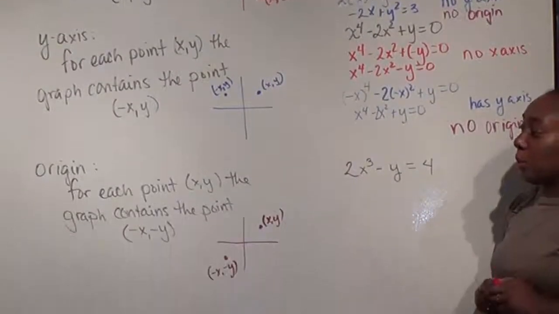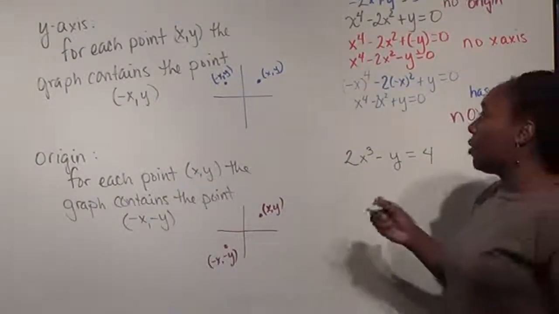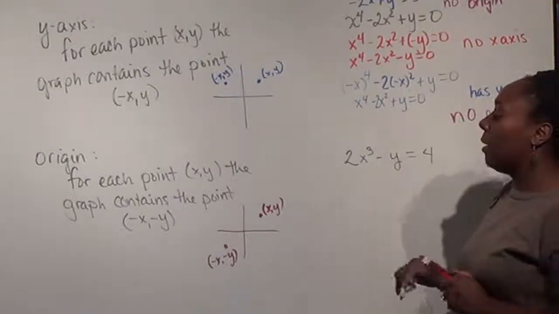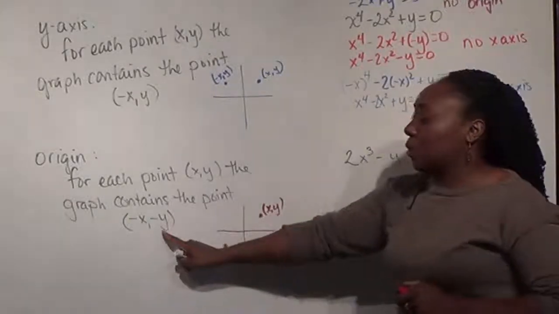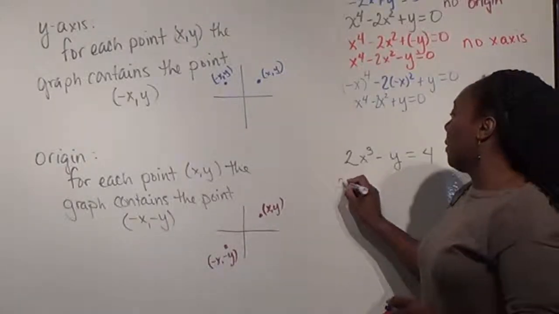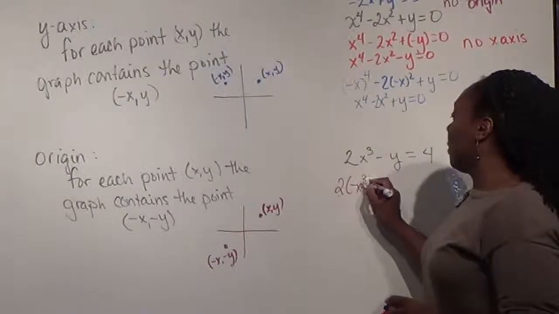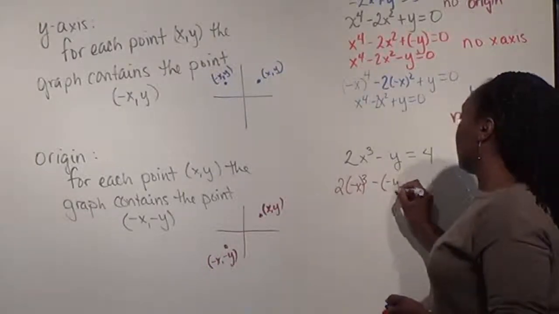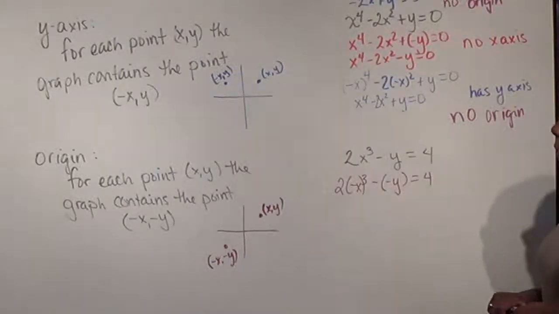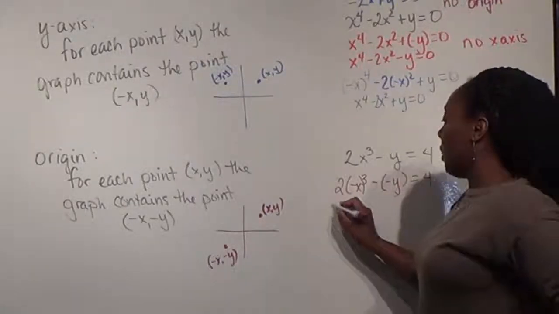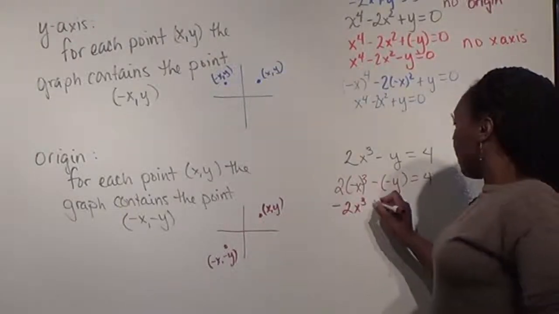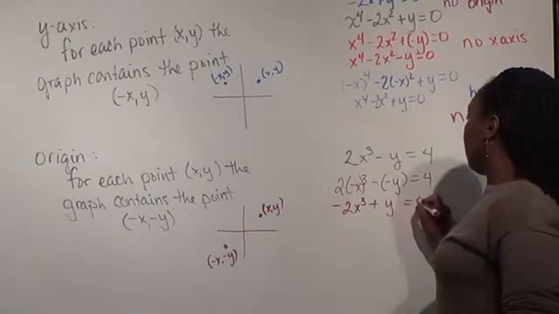Here I'm actually going to start with origin, just so that you can see how to test it, because you've kind of seen how to test both x and y. So here, if I want to test for origin, the only difference is I'm going to put negatives in for both x and y. And here again, with the odd power, we can see that my sign is going to change, so I'm going to get a negative 2x cubed plus a y equaling 4.